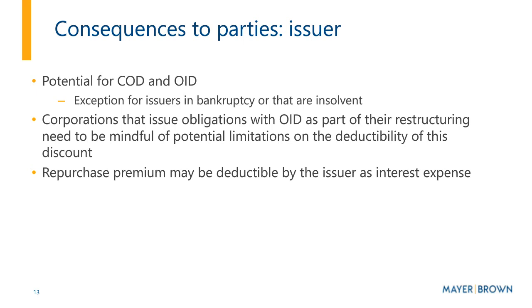There are exceptions. There's a number of exceptions. One exception is for taxpayers, issuers that are in bankruptcy, so a Title 11 type of proceeding. There's another exception for taxpayers that are insolvent. There's a few other exceptions that go outside the scope of this presentation.